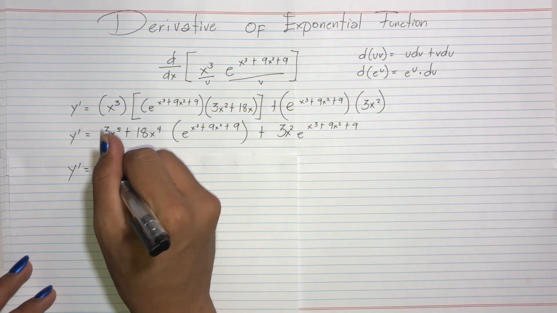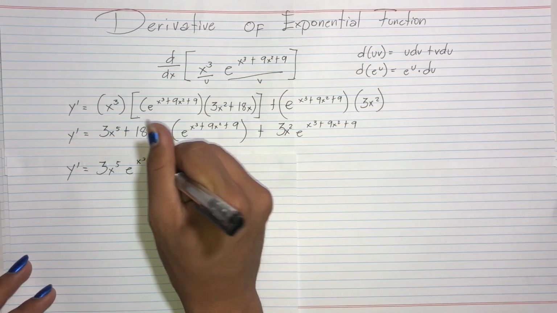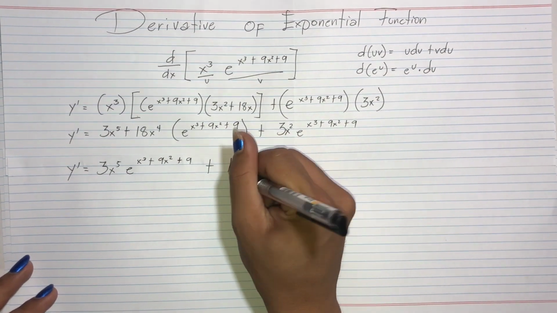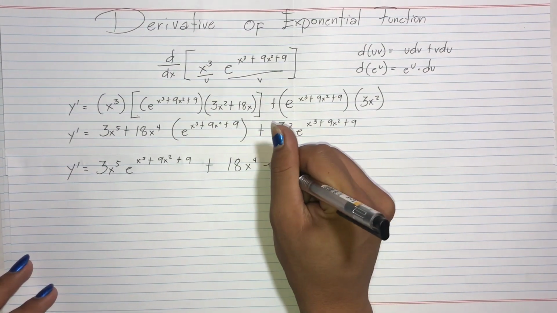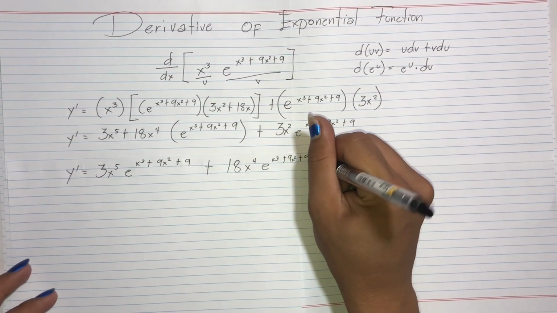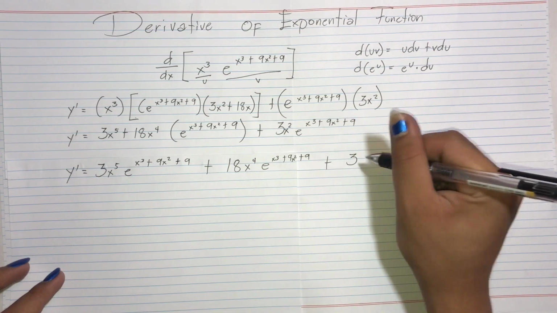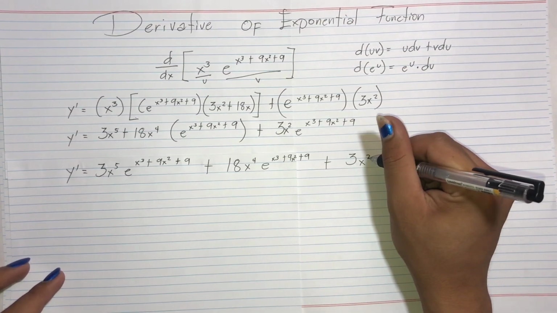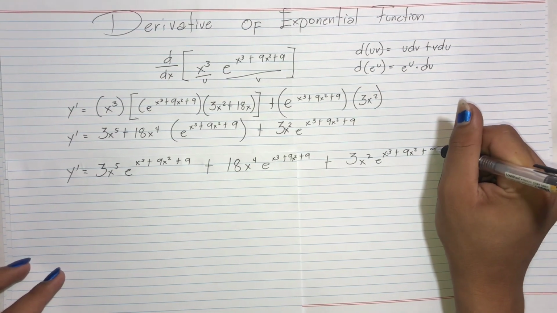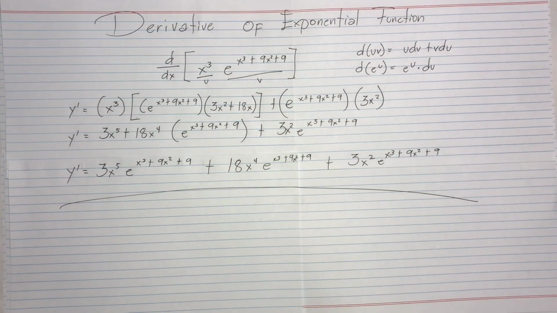Distribute this: 3x to the 5th times e raised to x cubed plus 9x squared plus 9, plus 18x raised to the 4th times e raised to x cubed plus 9x squared plus 9, and then copy the plus 3x squared times e raised to x cubed plus 9x squared plus 9. And that is our final answer.